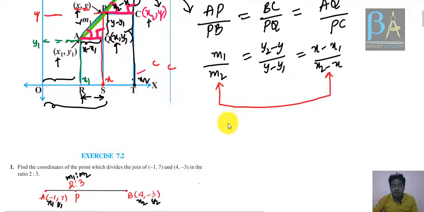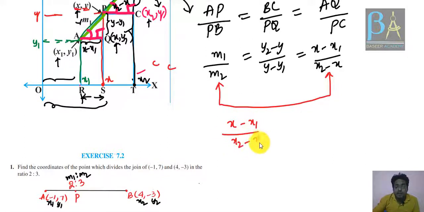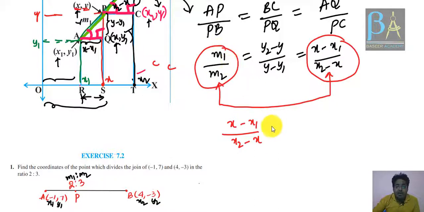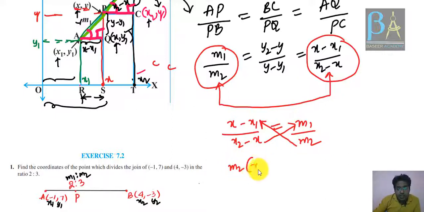I'm going to compare this with m1 by m2. Now let's cross multiply them. m2 is going to multiply on the left hand side, and this thing will multiply the right hand side. So m2 into x minus x1 is equal to m1 into x2 minus x.